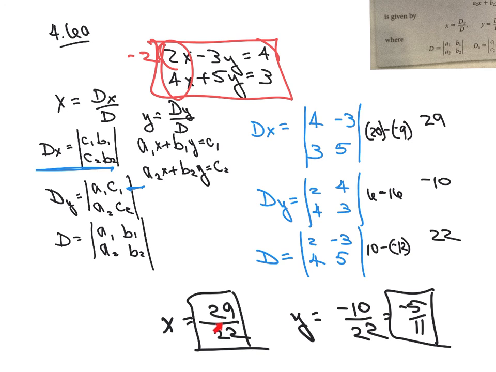But we end up with these ridiculous fractions, and it is easier to use Cramer's rule in order to find this, even though it initially looks really, really confusing. In the end, it's really not too bad. So let's try a couple more examples here. And we will do those in 4.6b.